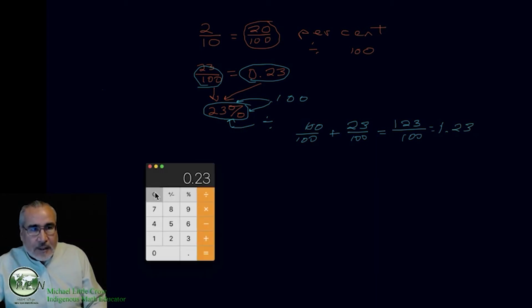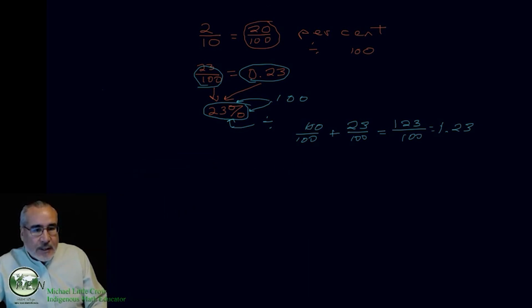Let me use my calculator to prove it. 123 divided by 100 is 1.23. Okay. The same concept applies if we go to decreasing. Whatever we started with is everything, 100%.